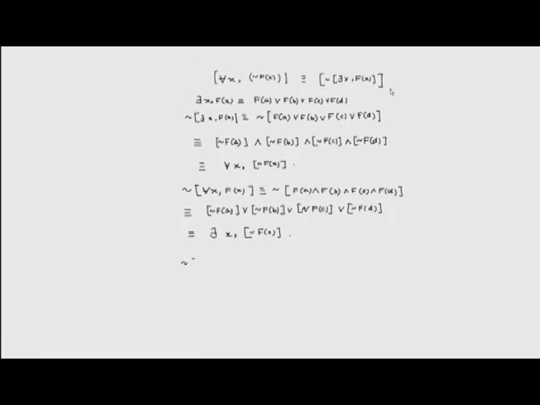And the last one, not of for all x not of f x is equivalent to not of not of f A and not of f B and not of f C and not of f D, which is equivalent to f A or f B or f C or f D, which means there exists x f x.